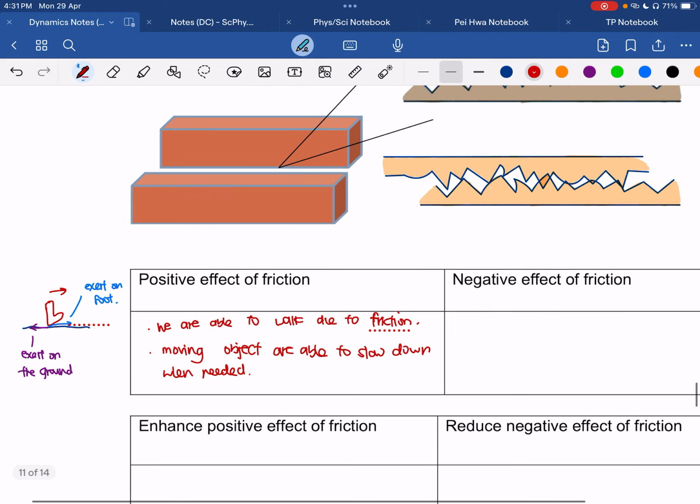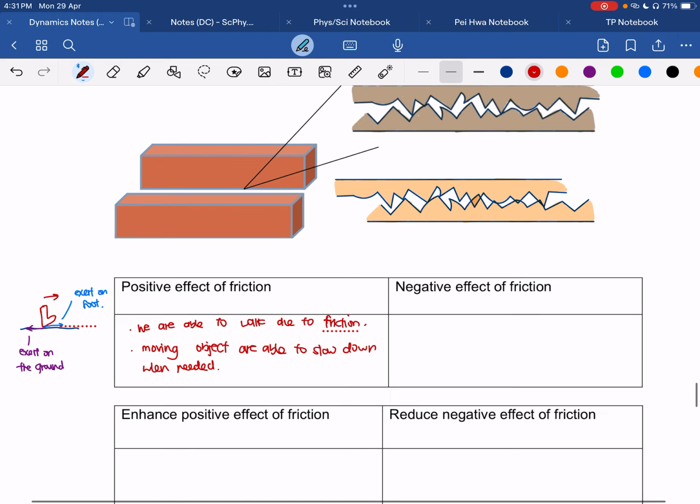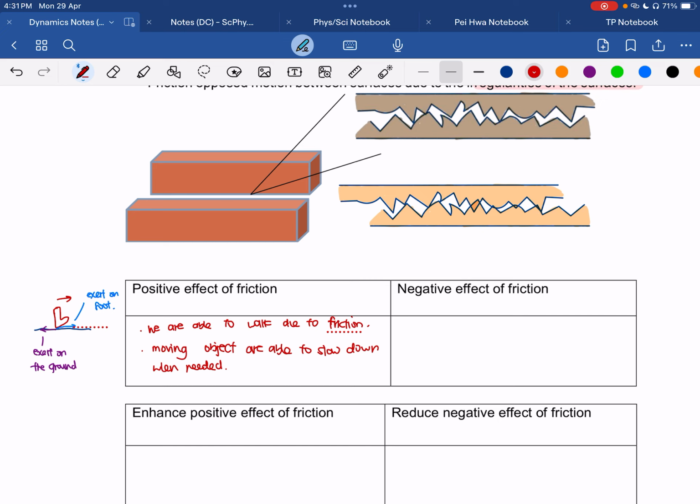That being said, there could also be negative effects of friction. So for example, cars, especially the engines when they are running, the gears will have to rub against each other. So it will generate friction, and as a result, cars are less efficient because of friction by up to 20%.